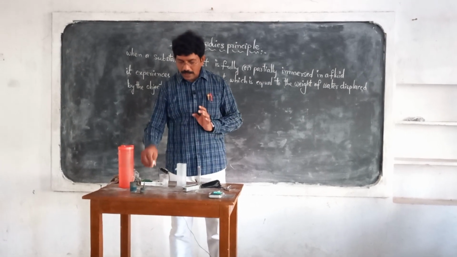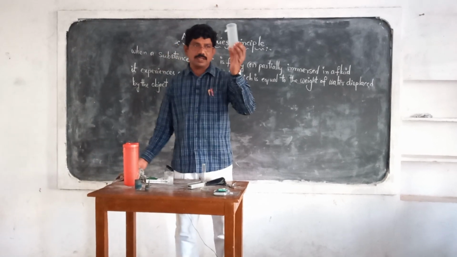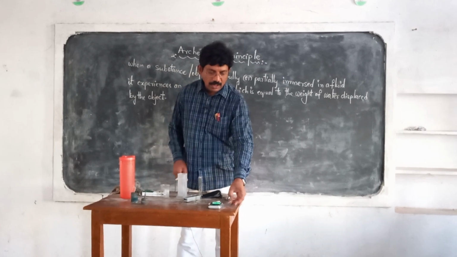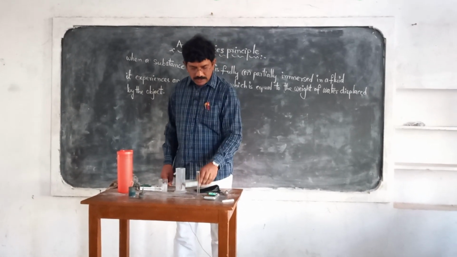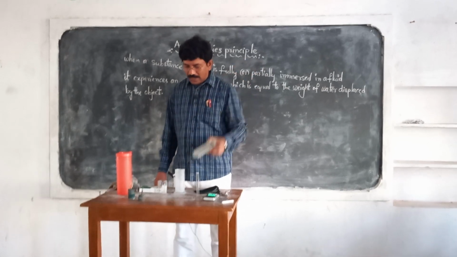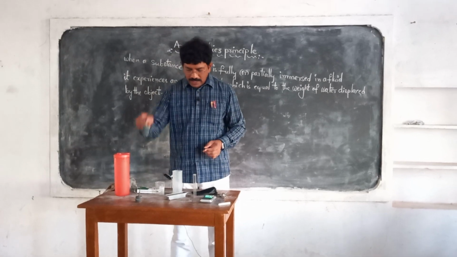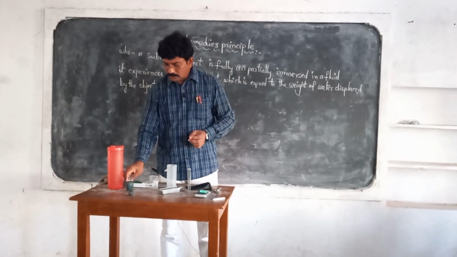For that, the materials needed are: this is the overflow jar, this is an electronic weighing balance, this is a spring balance, and this is the weight. Now see this one.